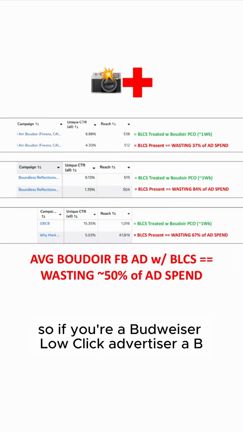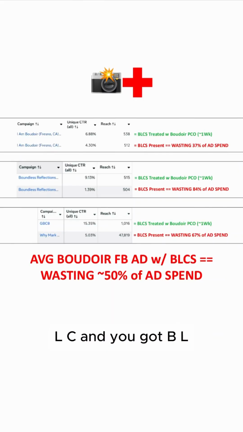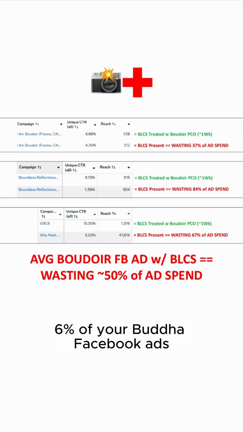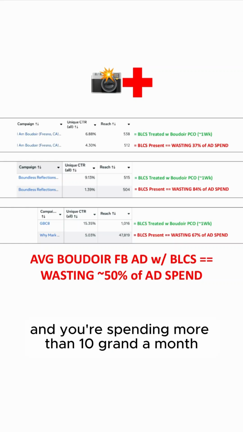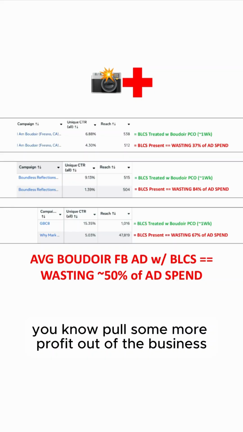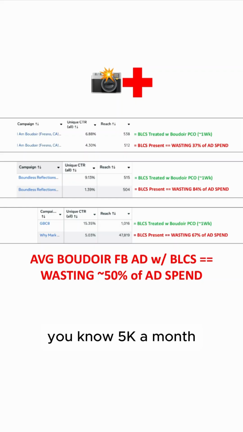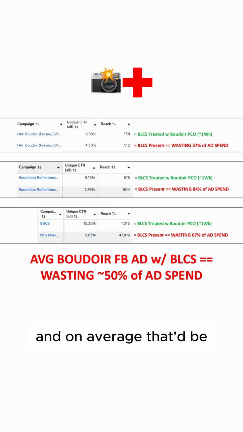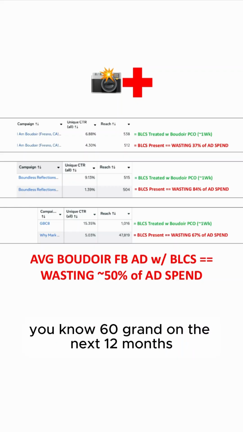All right, so if you've got BLCS, aka Boudoir low click syndrome, so your unique CTR is under 6% on your Boudoir Facebook ads, and you're spending more than 10 grand a month on Boudoir Facebook ads, and you want to pull some more profit out of the business, so on average that'd be like 5K a month in eliminated ad spend back in your pocket, and on average that'd be 60 grand in the next 12 months.